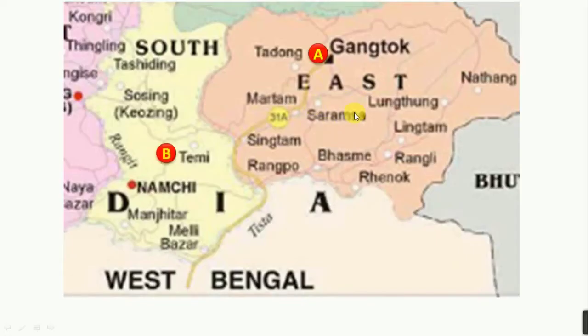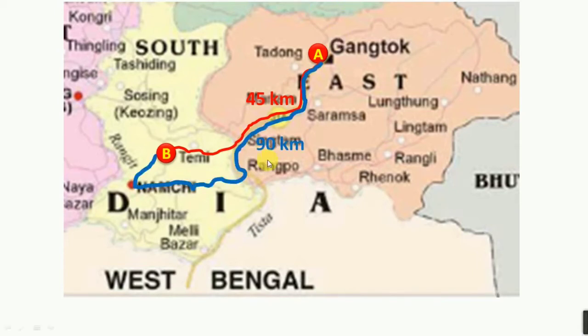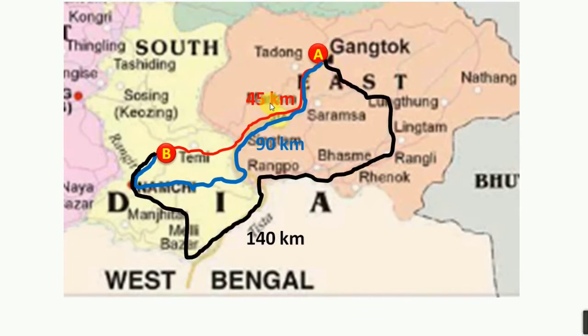Now suppose you are going from point A to point B. First you are taking this path. Suppose in the second case you are going through this path, which is a little longer than the previous one, and the distance is 90 km, and in the first case the distance was 45 km, and in the third case you are taking another path and the distance is 140 km.